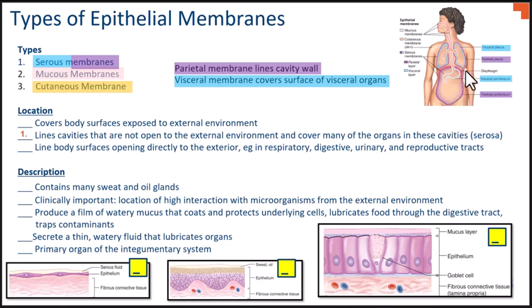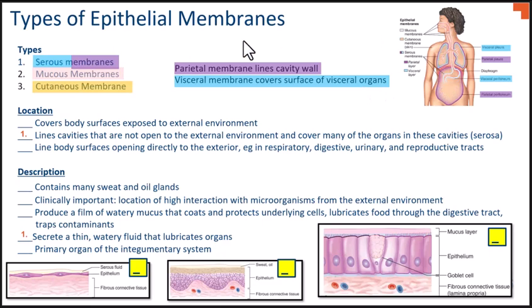But what these membranes are going to do is produce a thin watery fluid that lubricates the organs. So the fluid that's around these organs is going to prevent any friction that could occur if the fluid wasn't there. So it's a lubrication because our stomach's always moving, our abdomen's moving, our lungs, our heart, among other organs.